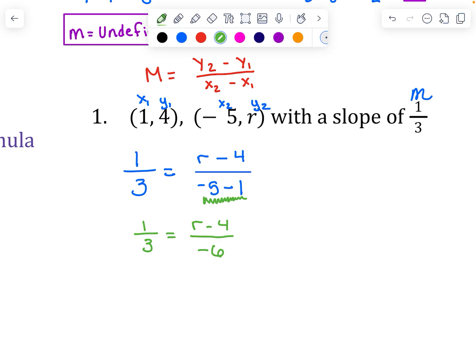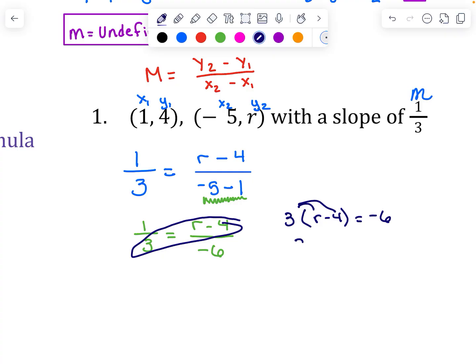Now our next step is going to be to cross multiply and solve. We can't forget to distribute, so I'm going to cross multiply. That means I'm saying 3 times r minus 4, so 3 parentheses r minus 4, because we're multiplying by the whole thing, not just r, is equal to 1 times negative 6, which just gives me negative 6. And now we can just solve from here.